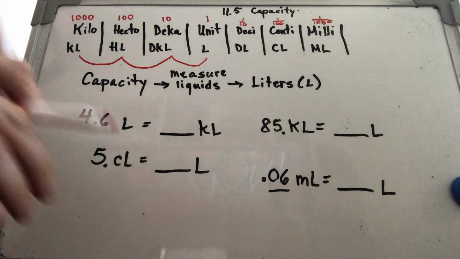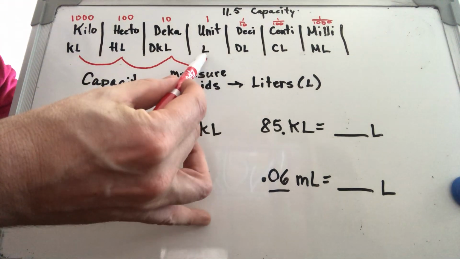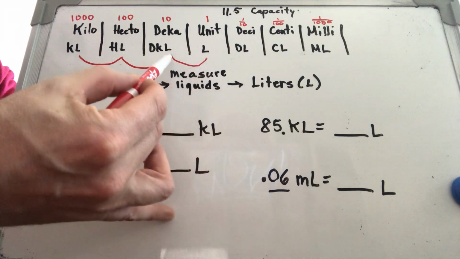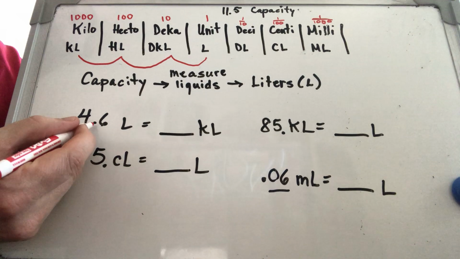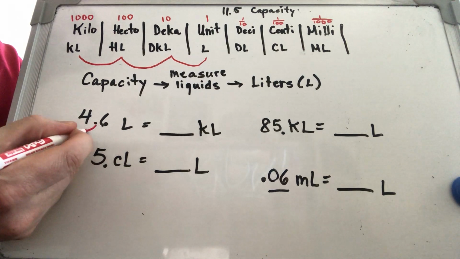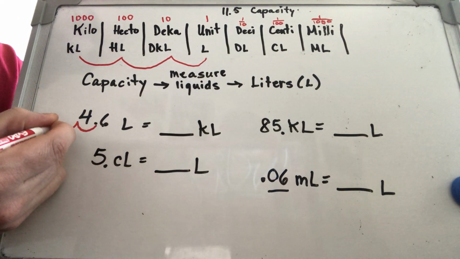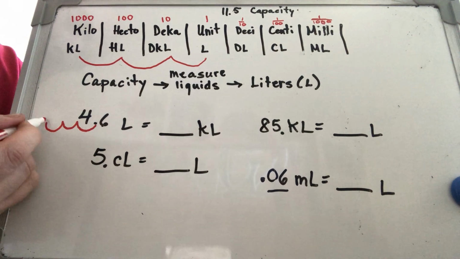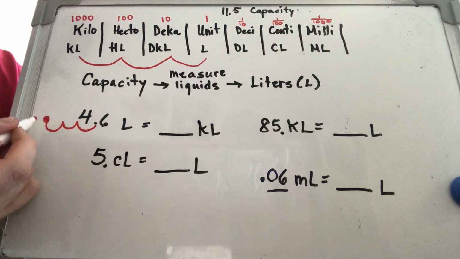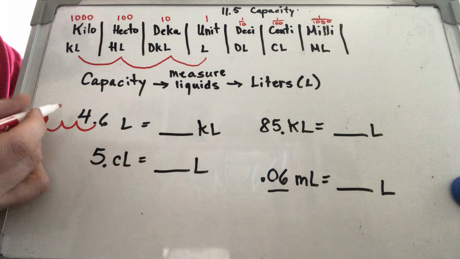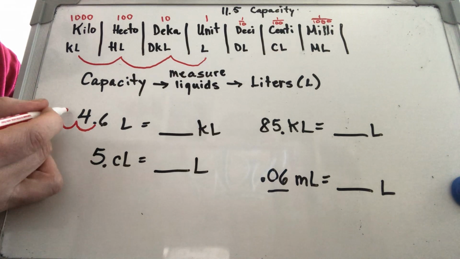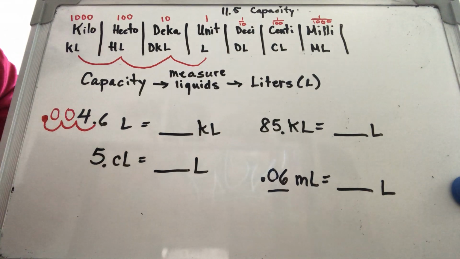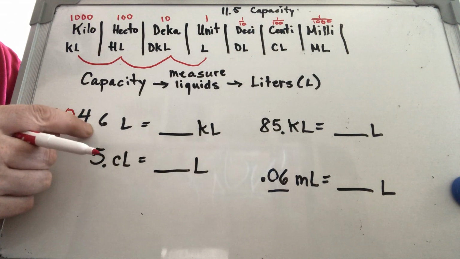Oh, smaller, sorry. So now I am going to think about those 3 hops I made, and I'm going to do that with my decimal point. 3 hops to the left. 1, 2, 3 hops to the left. That's my new decimal placement. Now I just fill in the empty places with a 0. And get rid of the old decimal.